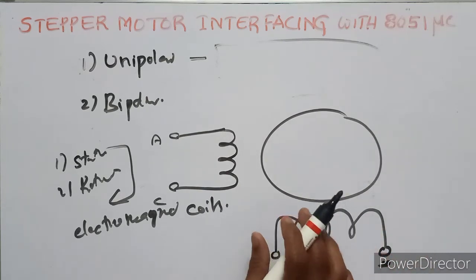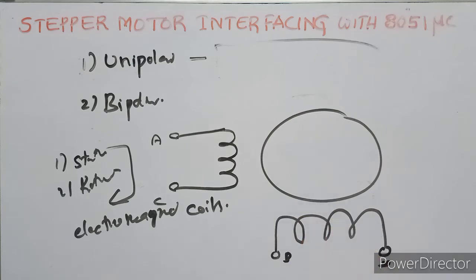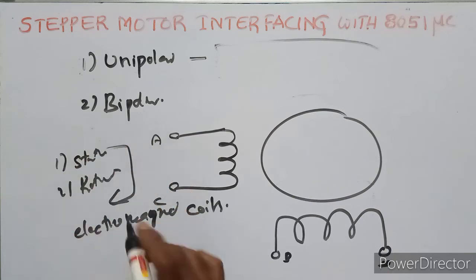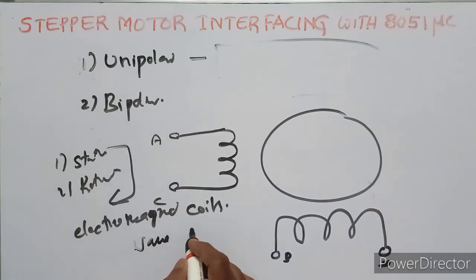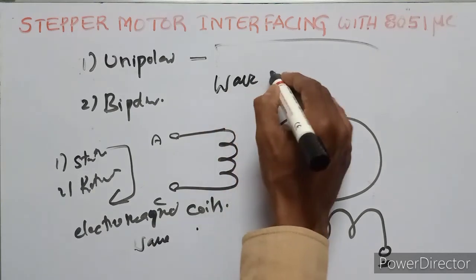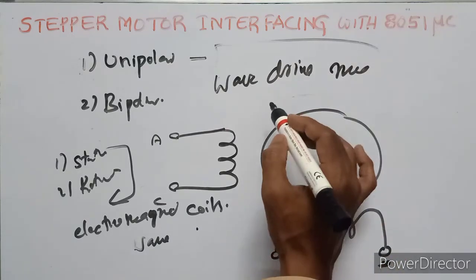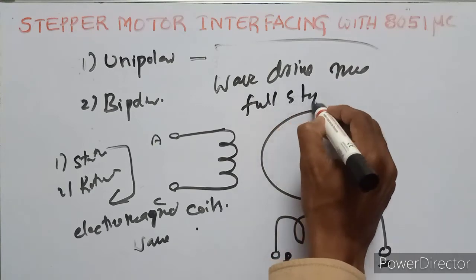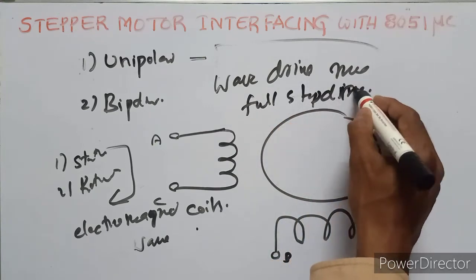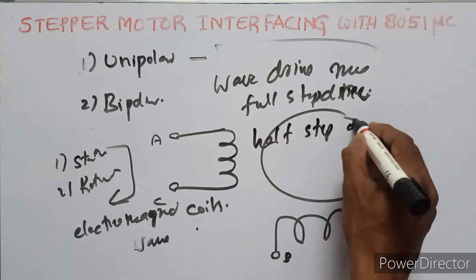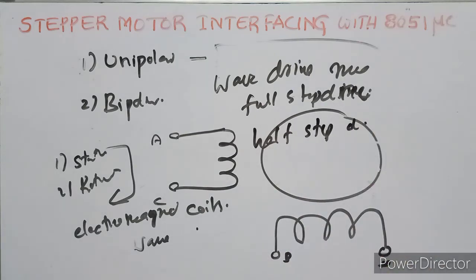On the basis of this sequence, you can divide the working of a stepper motor into 3 modes: wave drive mode, full step drive mode, and half step drive mode.